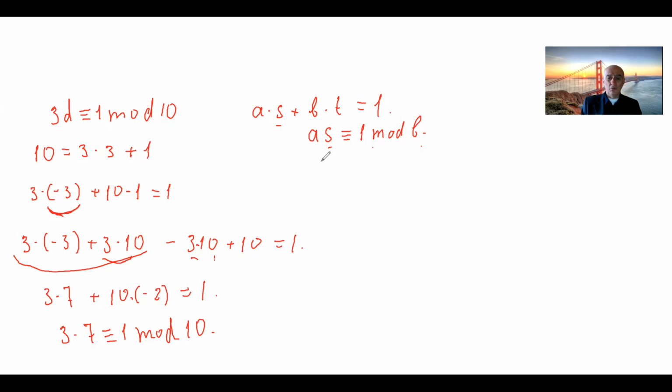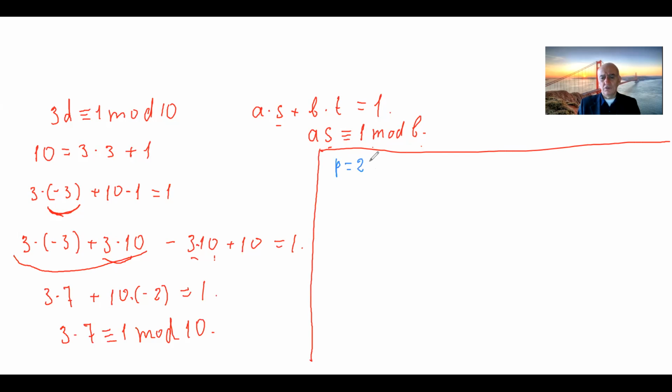Okay, so now Alice has everything to decrypt this message. And what Alice has, let's write here. Alice knows number P, it's 22. Alice knows number Q, it's 2. Alice knows E, it's 3.